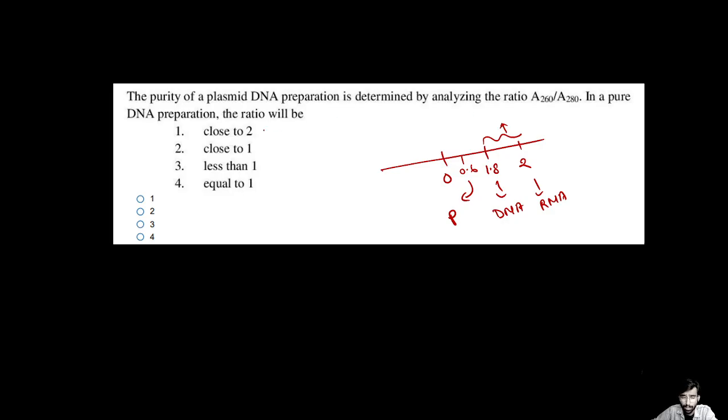But as the options are not exactly here, we can say it's close to 2. In pure DNA, it will be 1.8. Right? That's close to 2. But remember, if it's showing 1.98, something like that, that means your sample has RNA contamination.